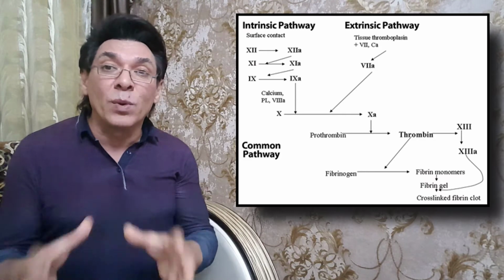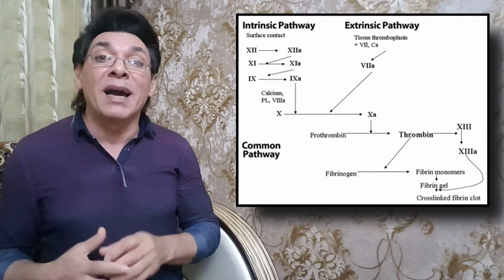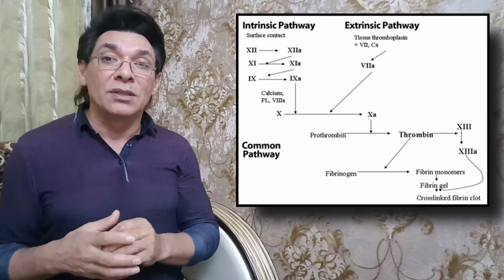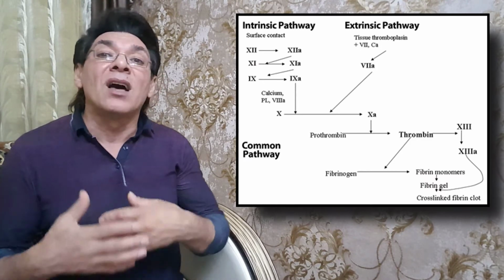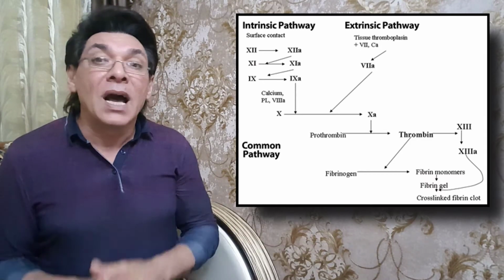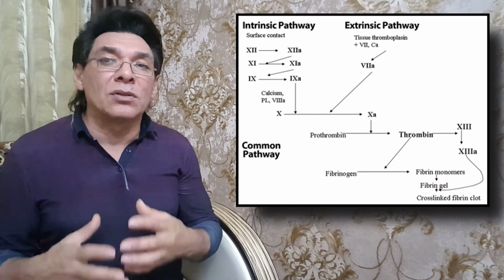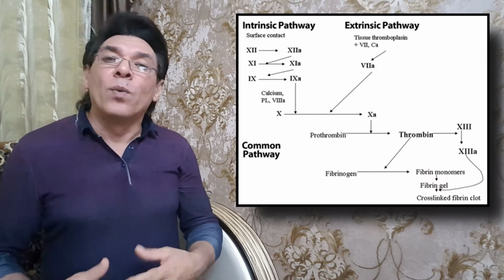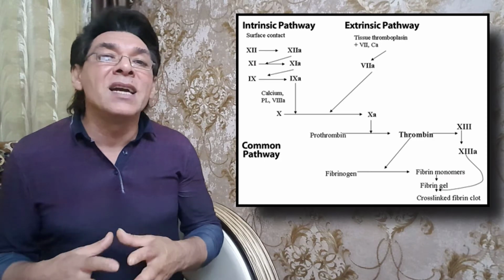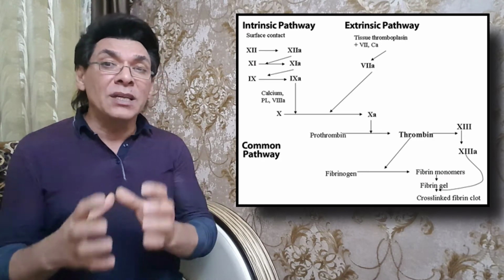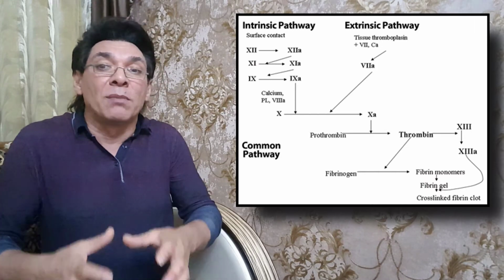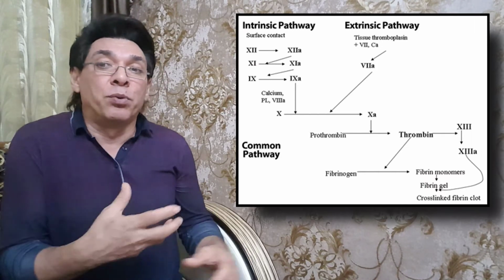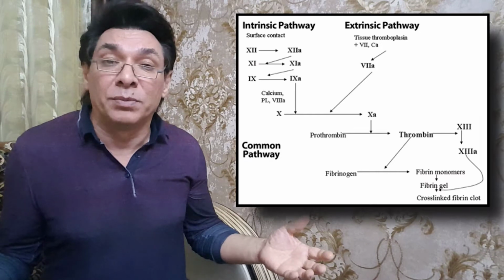The pathway can be prompted by damage to the tissues resulting from internal factors such as arterial disease. However, it's most often initiated when factor 12, Hageman factor, comes into contact with foreign materials, such as when a blood sample is put into a glass test tube.